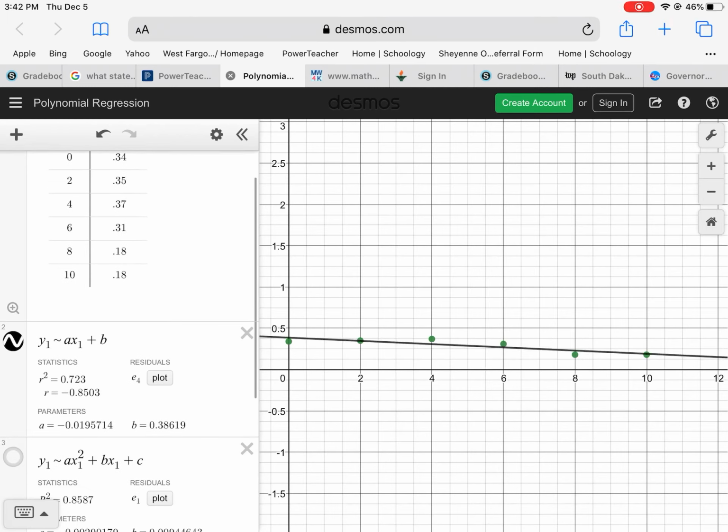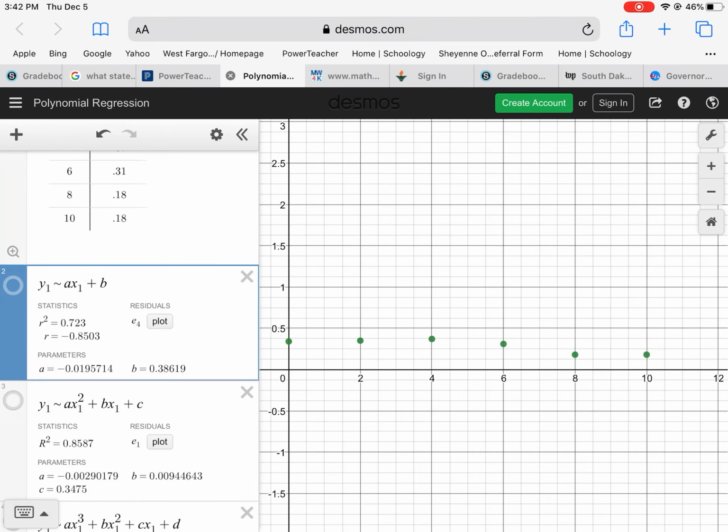So this first one represents a linear regression. The r² value is 0.7. That's not very close to 1. It's not a straight line, that data, so I don't like that model. So I'm going to shut that one back off. Then I'll go down to my quadratic model and see that one seems to fit a little bit better. My r² is 0.85. It's closer to 1, but it's not a great model as well.